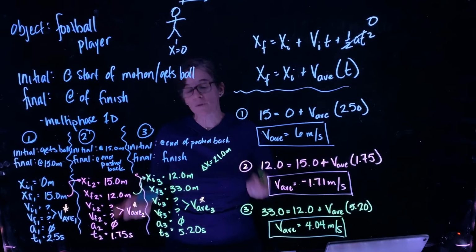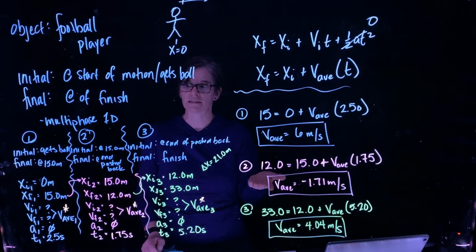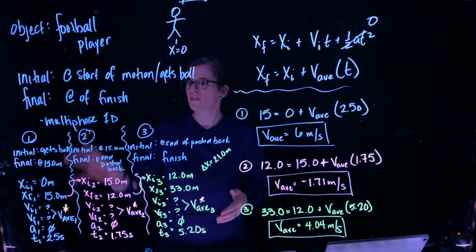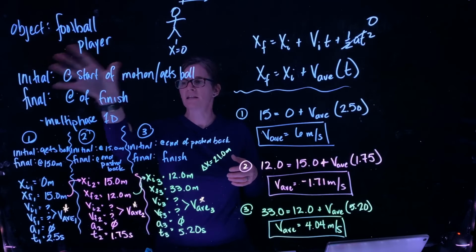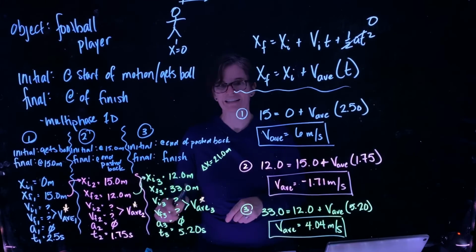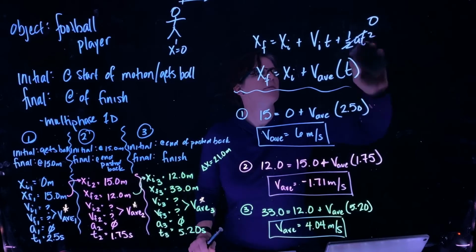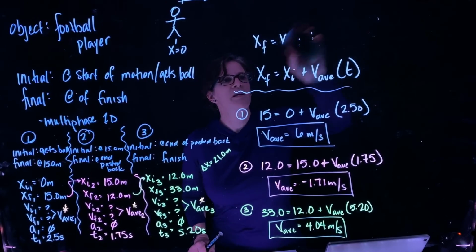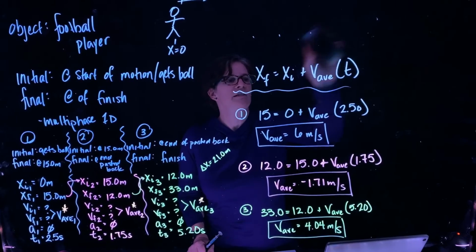Now part B of the problem asks, well, what is the average velocity across the entire motion? Well, that's not looking at these individual phases, but doing a problem that looks from the initial to the final. So let's do that. And we can use some of the information we've gathered from our initial situation.